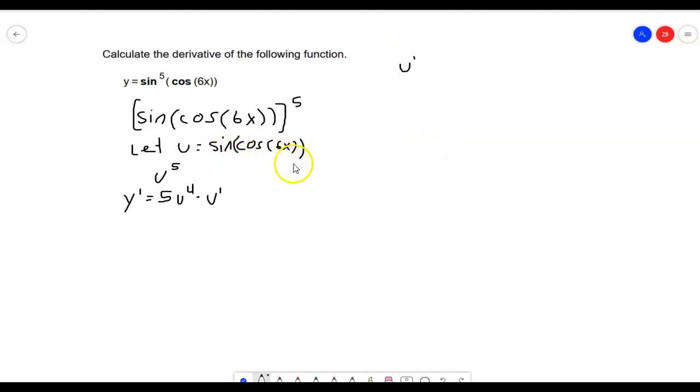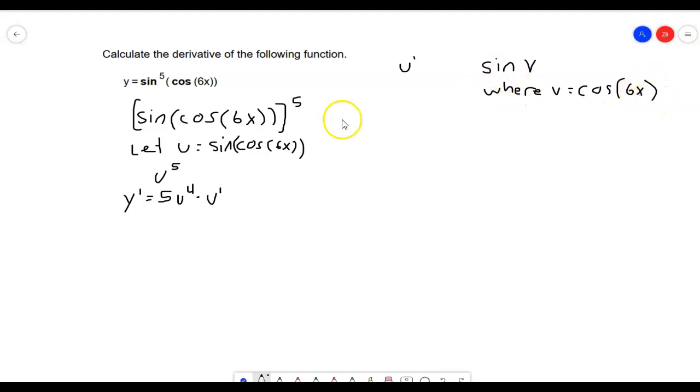We're going to have to use the chain rule again, and it looks like a multiple chain rule thing. So I have basically the sine of some v, where v is equal to the cosine of 6x.